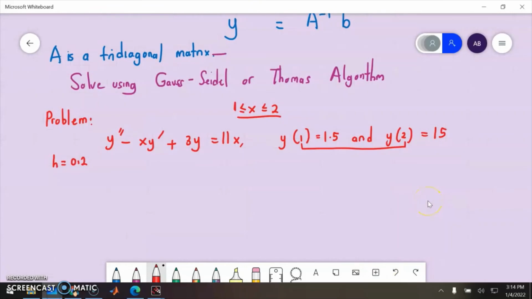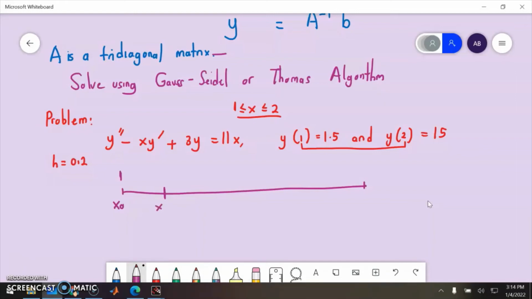Let's sketch this before we even try to solve. Let's do the grid points here. This is my x0 equals 1. Whatever x is, we don't know. It says h is 0.2, so we start with 1 here. Now what is my x1?